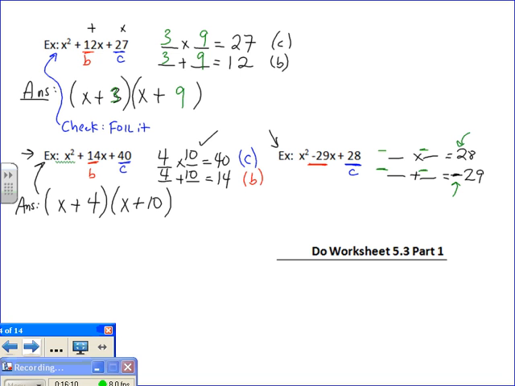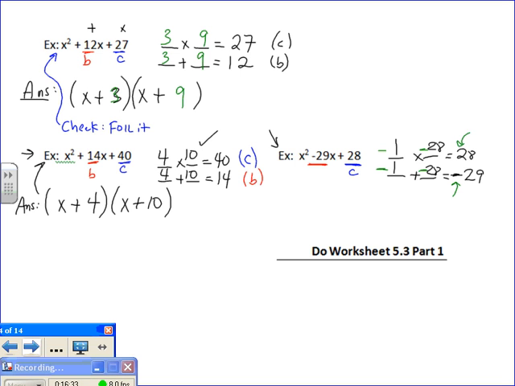So we start again with 1 times 28. Well, negative 1 times negative 28 will give me 28, and negative 1 plus negative 28 will also give me negative 29, because negative 1 minus 28 is going to give me a bigger negative. And there's my answer right away.